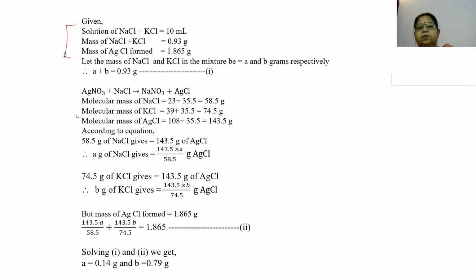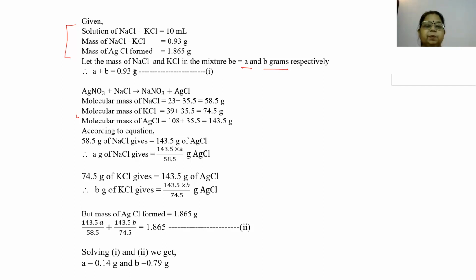Mass of silver chloride formed is 1.865. Now, what do we have to do for solving such a question? We have to assume the total mass of sodium chloride and potassium chloride. So in the next step we assume that the mass of sodium chloride is A grams, and that of potassium chloride is B, right?